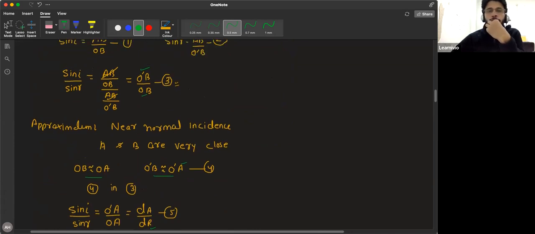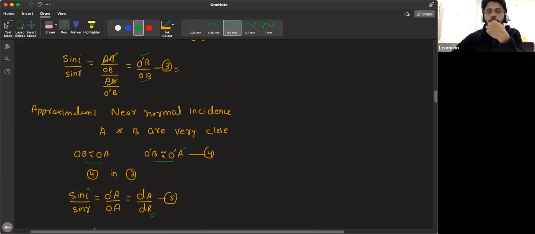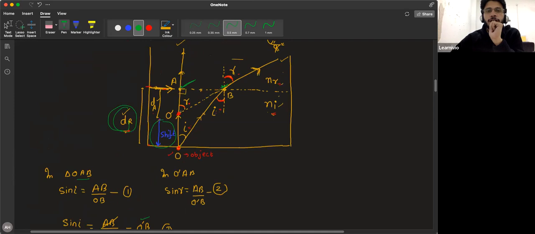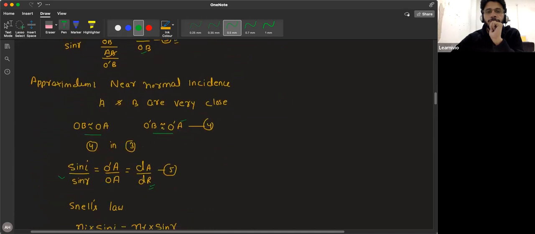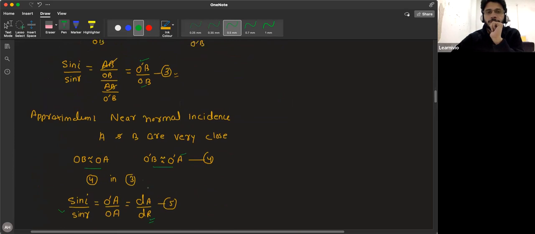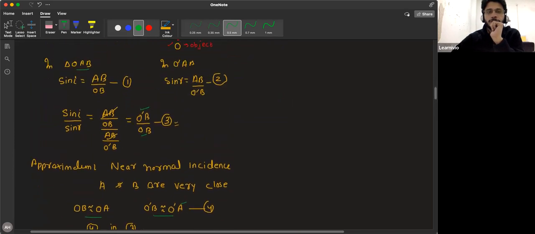Instead of O prime B, you can write O prime A, and instead of OB, you can write OA. Is it clear up to here? Then O prime A is D apparent and OA is D real. So this is D apparent by D real. Just note down up to this equation.